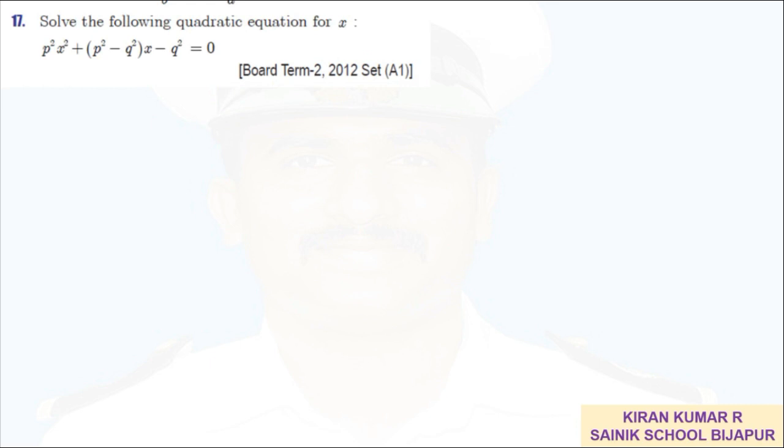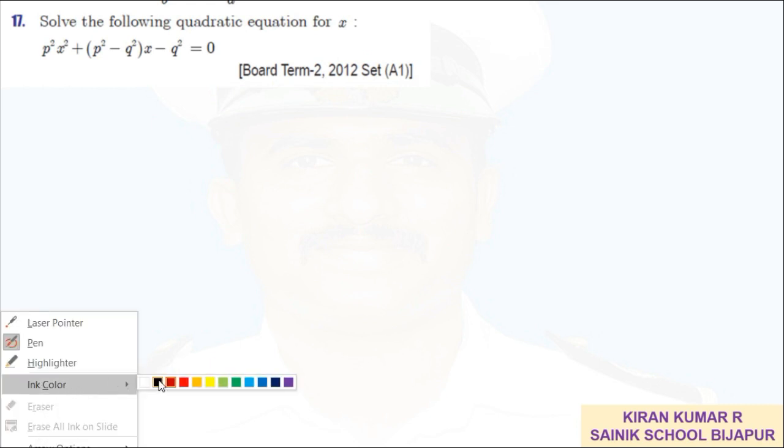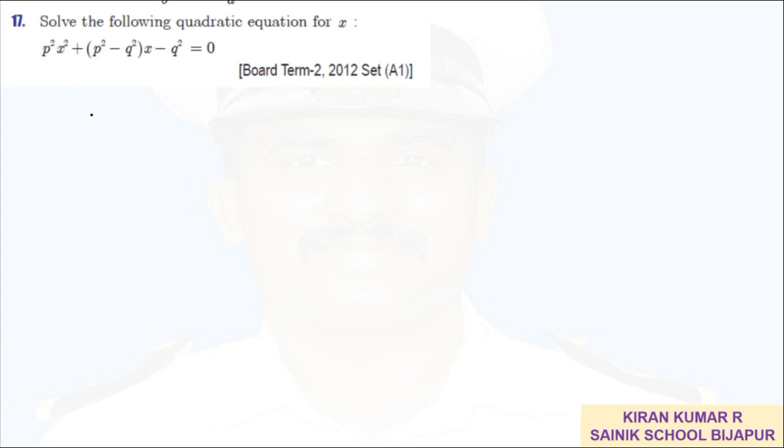This question is a little different. p square x square plus p square minus q square times of x minus q square equal to 0. We can't take anything common.